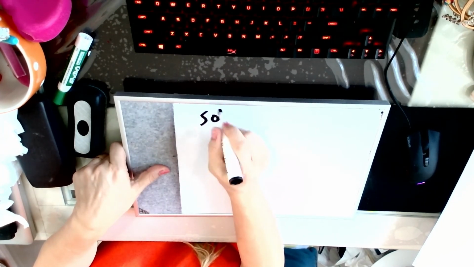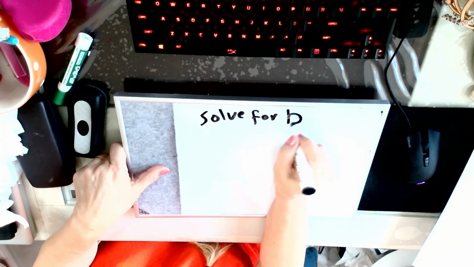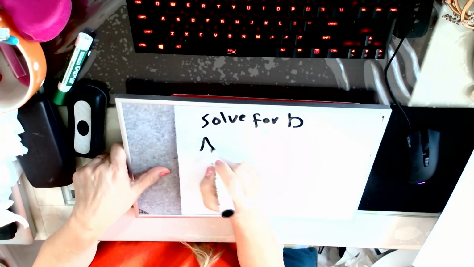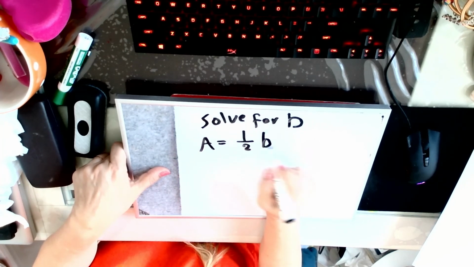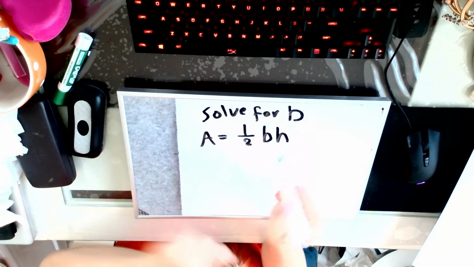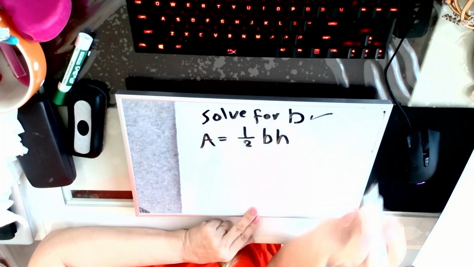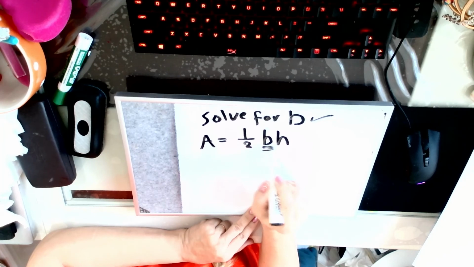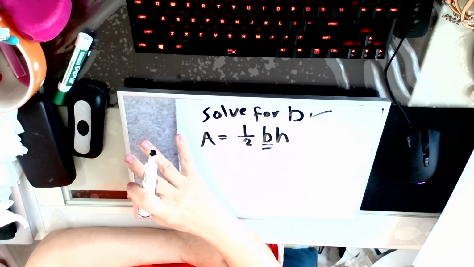Solve for B. A equals half B H. They said solve for B, so we need to get this B on one side and the other things on the other side.